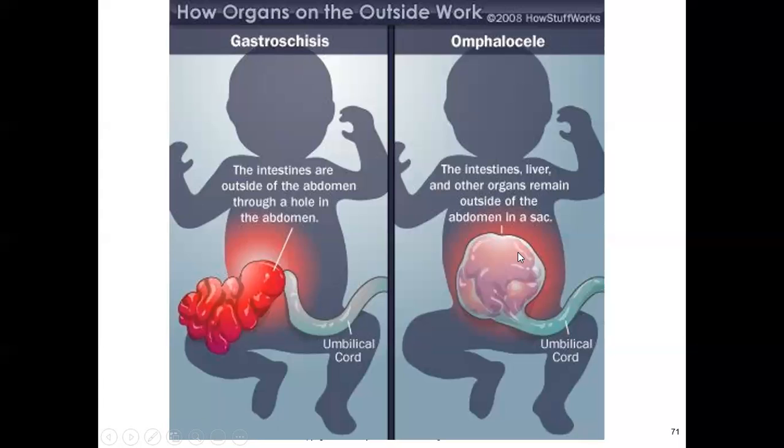But omphalocele is herniation of abdominal content at the base of the umbilical cord, so the contents are covered. And omphalocele is associated with other congenital defects, while gastroschisis is not.